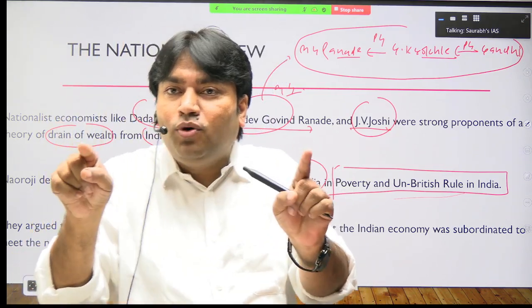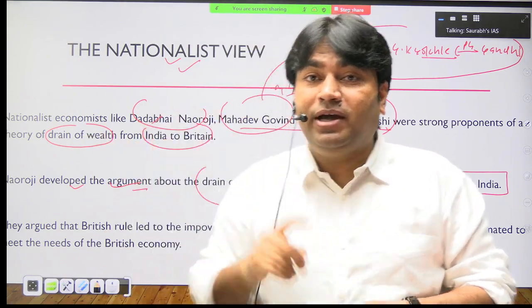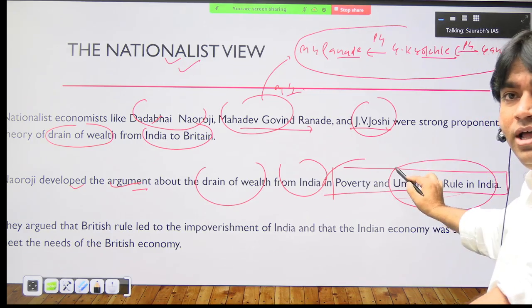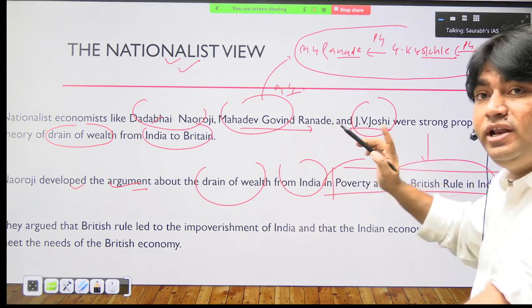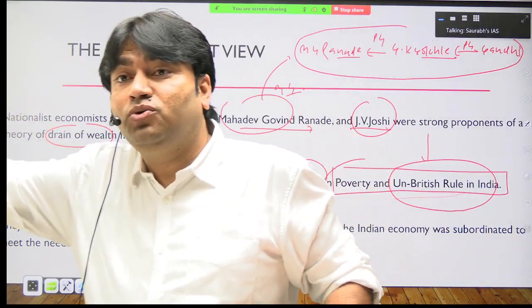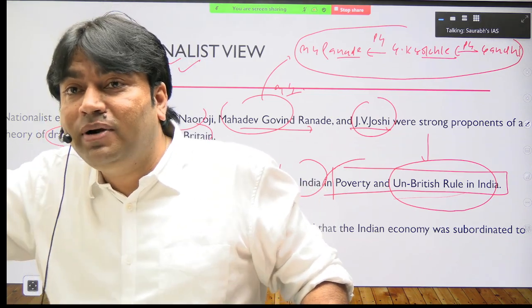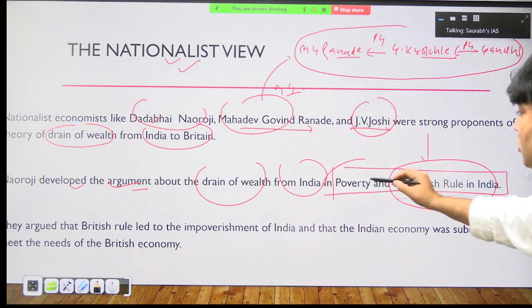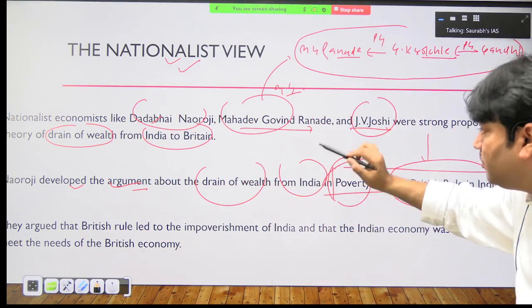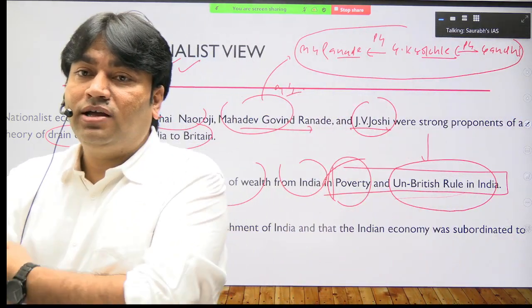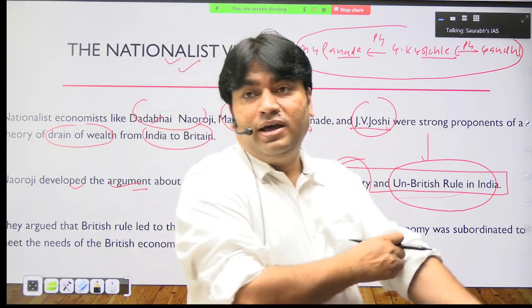So the meaning of the title of this whole book is very deep, that you must understand what is the meaning of un-British rule in India. The nature of British rule in India is not the same as in Britain. It means the British government is discriminating with Indian people, and this is the root cause of the impoverishment of Indian people, the biggest reason.